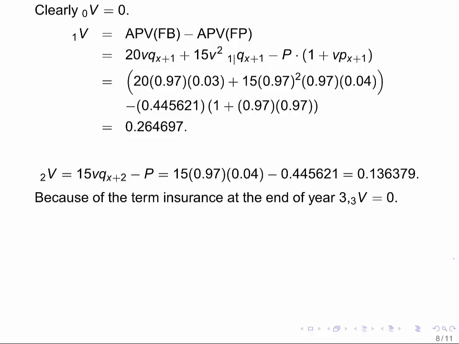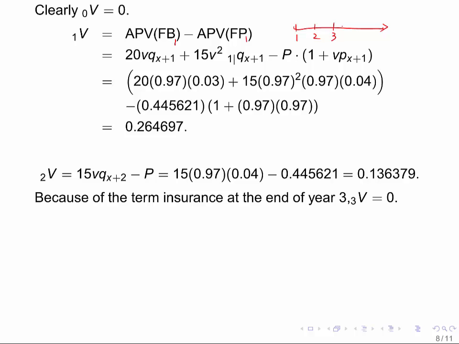Now at time 1, the prospective reserve is defined to be the APV of future benefits at time 1 minus the APV of future premiums at time 1. This is time 1, 2 and 3. So there are 2 years left for the term.